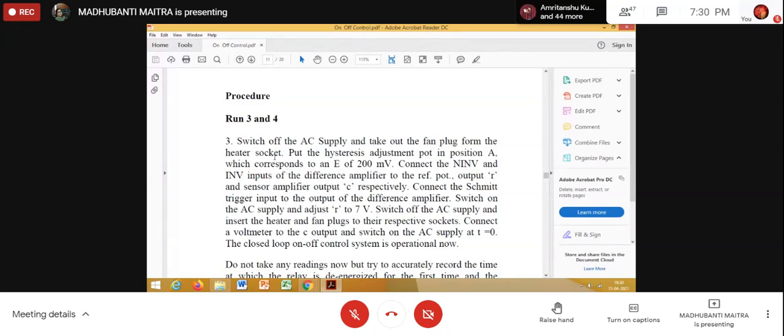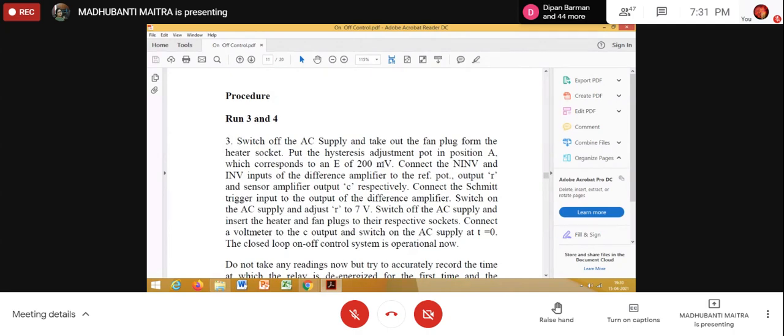For that, we'll switch off the AC supply and take out the fan plug from the heater socket. Put the hysteresis adjustment port in position A. In position A, the value of the hysteresis band is 400 millivolt, or the value of plus E is equal to 200 millivolt, minus E is equal to minus 200 millivolt, and hence 2E will be equal to 400 millivolt.